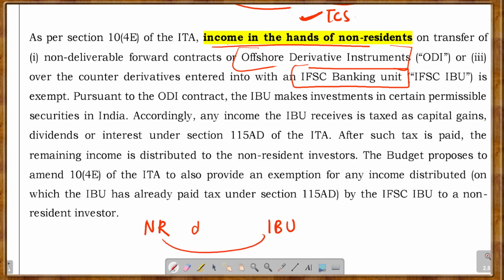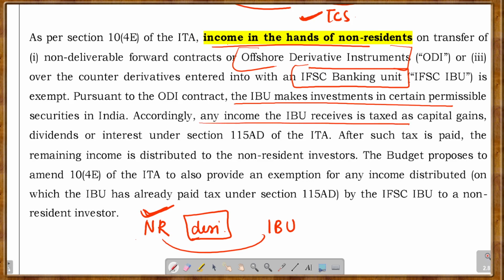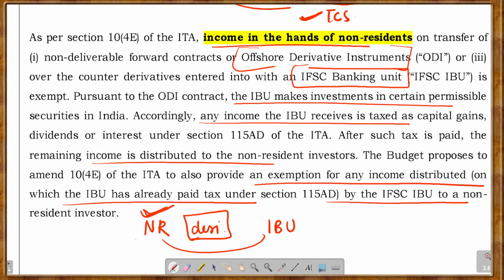Both of them have entered into a derivative contract, and now this person has transferred this particular contract and has earned an income. So the IBU makes an investment in permissible security. Any income the IBU receives is taxed as a capital gain. After such tax is paid, the remaining income is distributed. The budget proposes to provide an exemption to any income distributed on which the IBU has already paid the tax to non-resident investors.